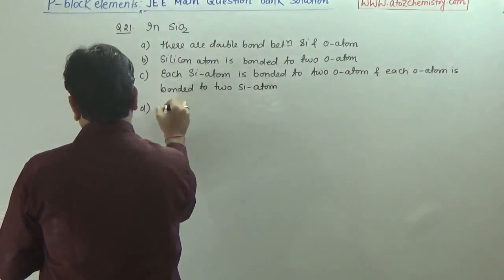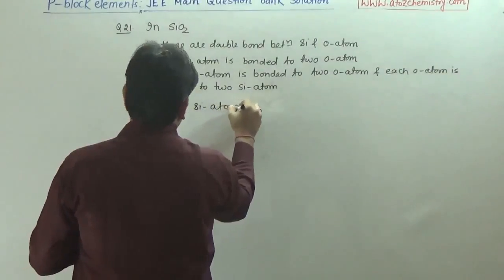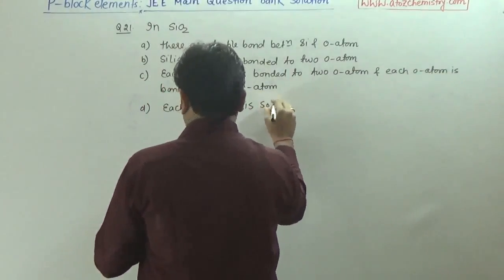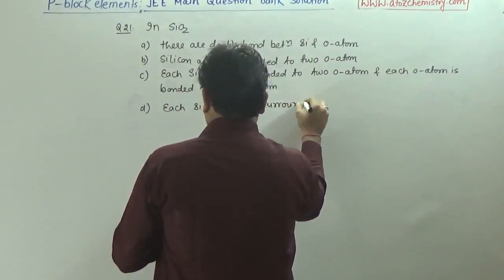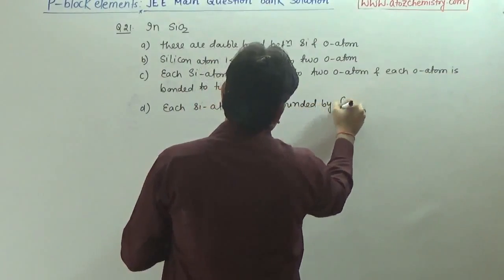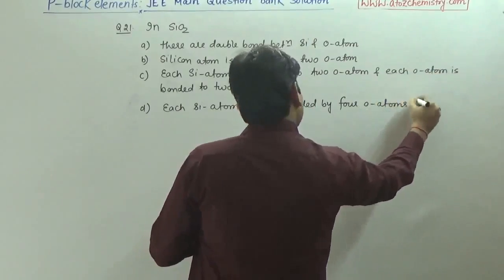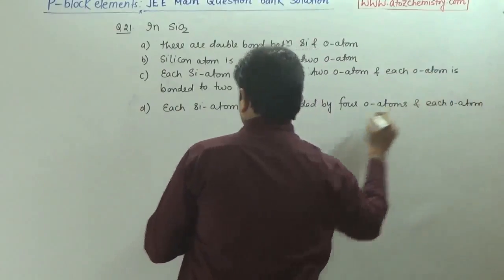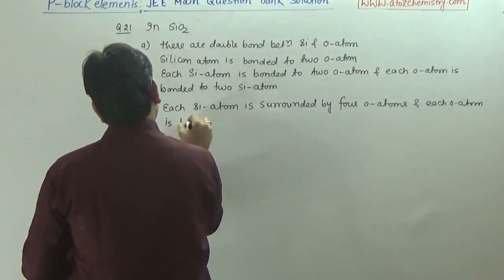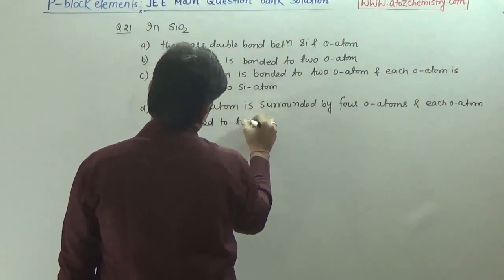D option: each silicon atom is surrounded by four oxygen atoms and each oxygen atom is bonded to two silicon atoms.